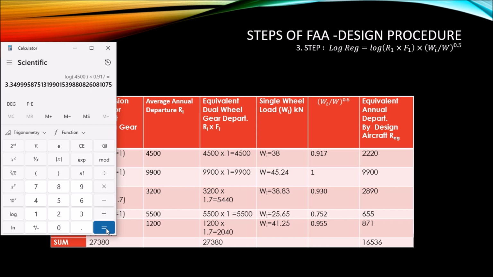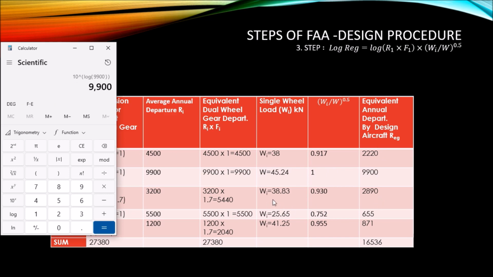We have to find the antilog of this. To obtain the antilog, press this value. So we have 2238. You can see what we have here. This is supposed to be 2238. It's close to this. We have 2220. So this is the antilog of this value.